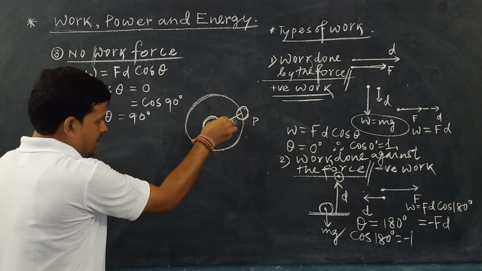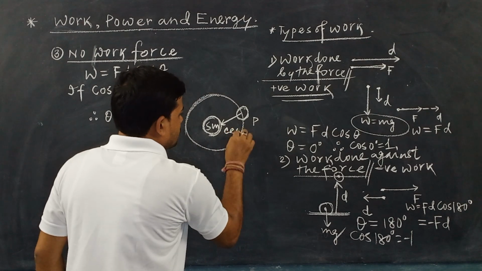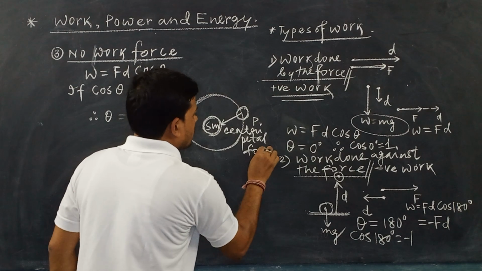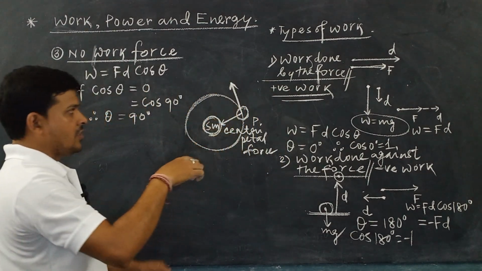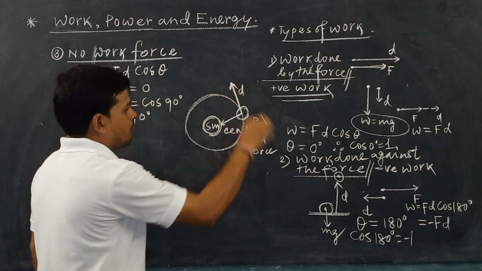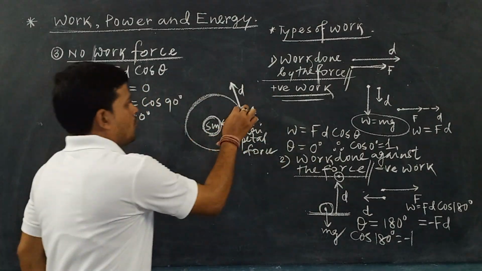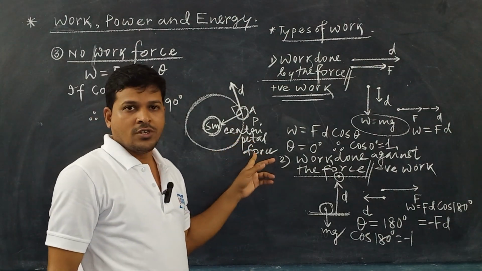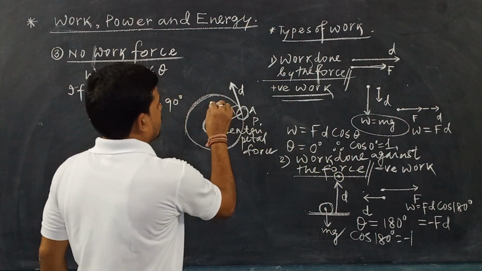Now the centripetal force acts towards the sun, but the direction of displacement of the planet at that instant A will be perpendicular to it. So against the centripetal force, the planet does not do any work because theta equals 90 degree.